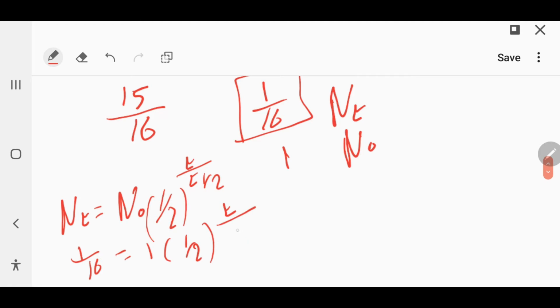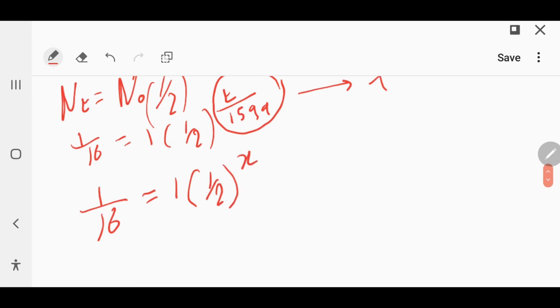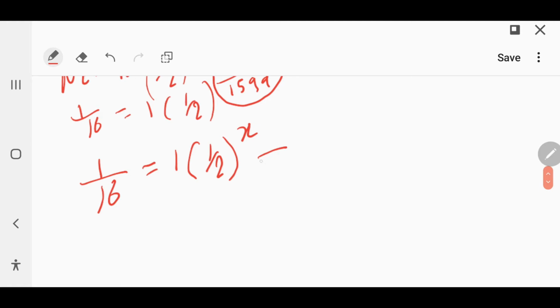So first of all, we need to find the power. Assume this is x. So we will have 1 over 16 equals 1 times half to the power x, which means 1 over 16 equals half to the power x.